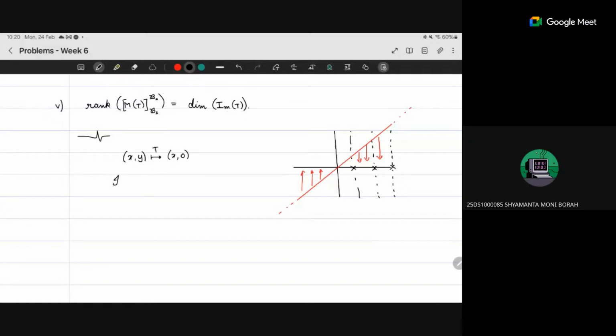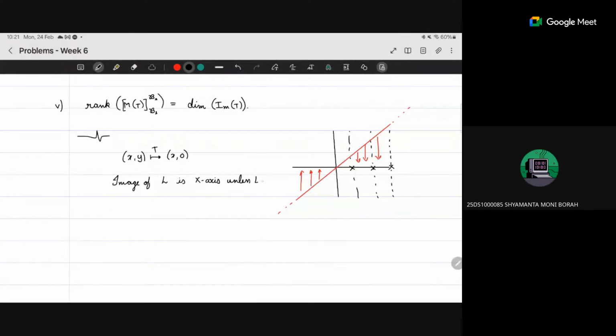So the image of, I'll call this line L, is the x-axis unless L itself is the y-axis.